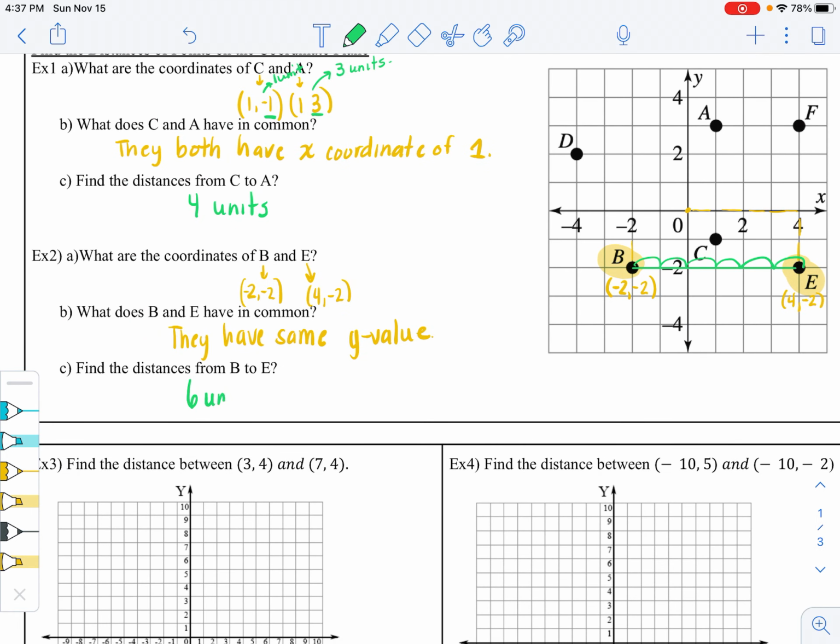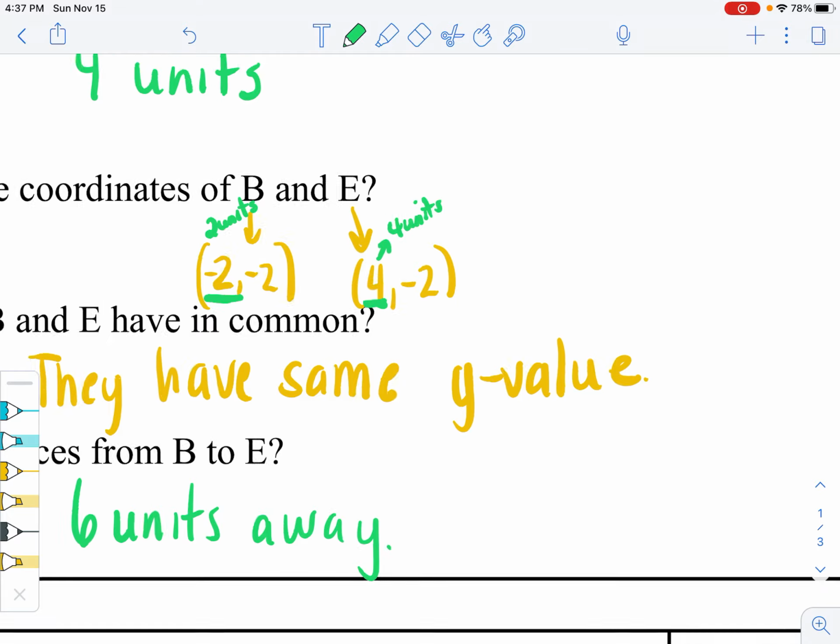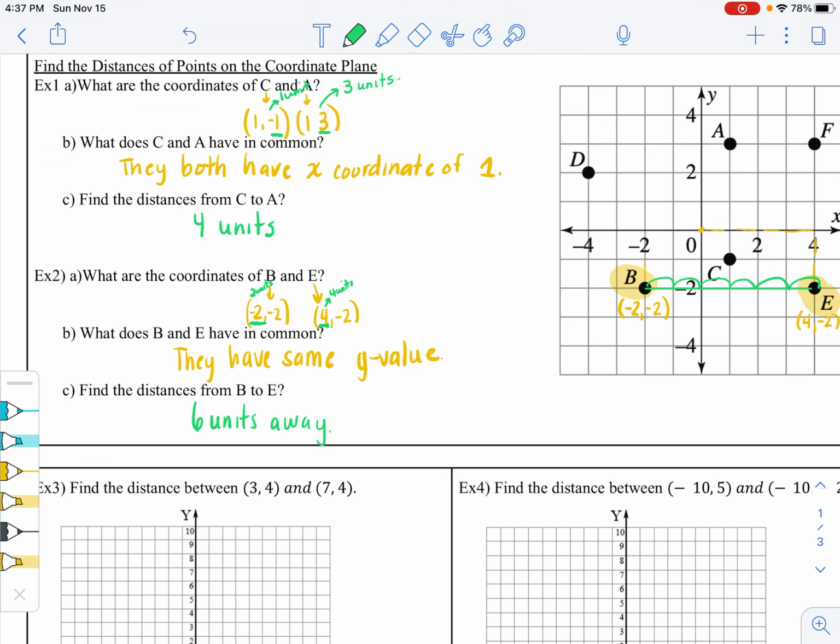So they are 6 units away from each other. We could have also seen that in our x value. The x value is 2 units from the y-axis, and the x value here is 4 units from the y-axis, making that a combined 6 units apart.